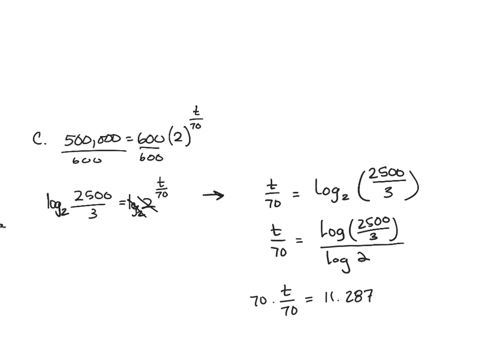Now you can multiply by 70. So t equals about 790. And this is in terms of minutes, because remember our doubling time is in terms of minutes.